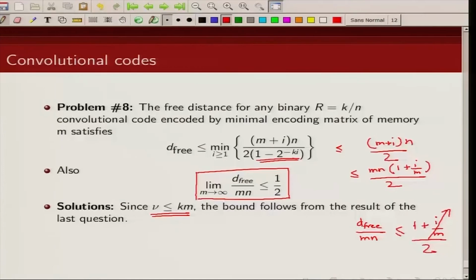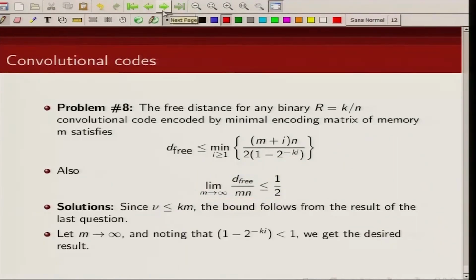So, that will be upper bounded by half. So, that is the proof. You let m go to infinity, and since this is less than 1, what you will get is this. Thank you.